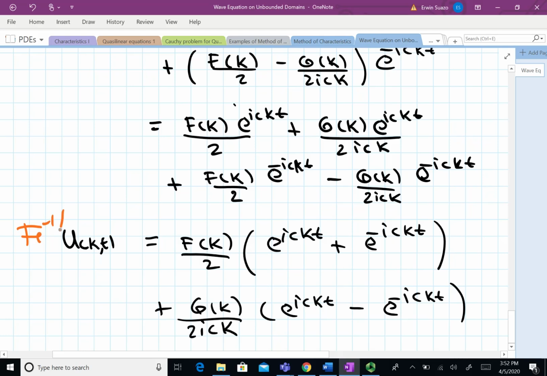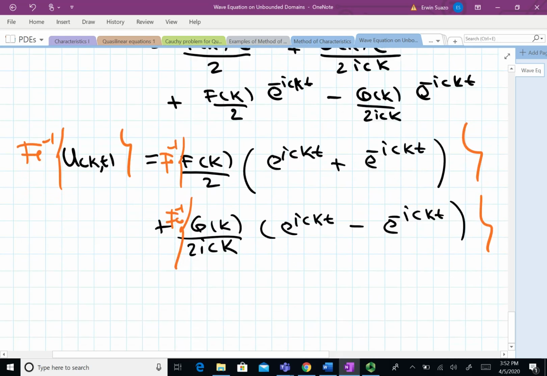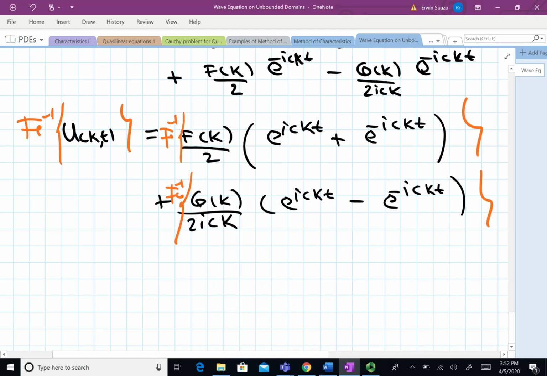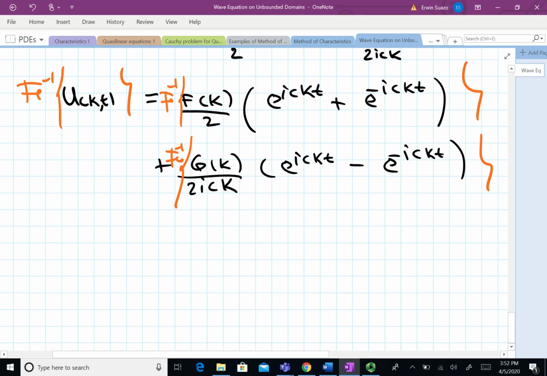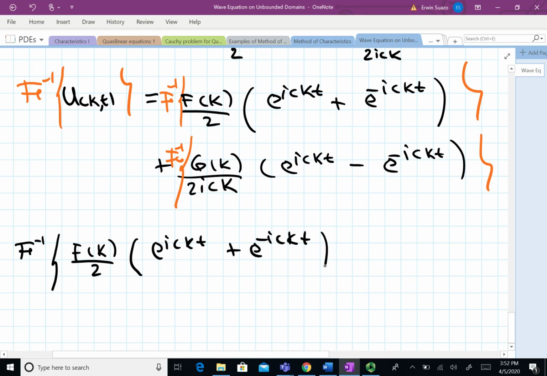Let's find the inverse Fourier transform of the first one: the inverse Fourier transform of f(k) divided by 2 times (e^(ickt) + e^(-ickt)).